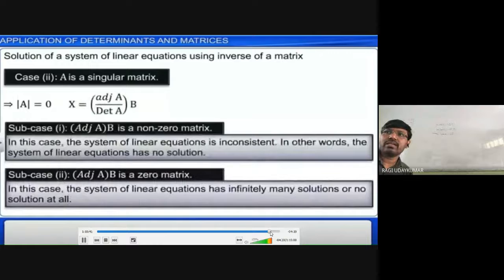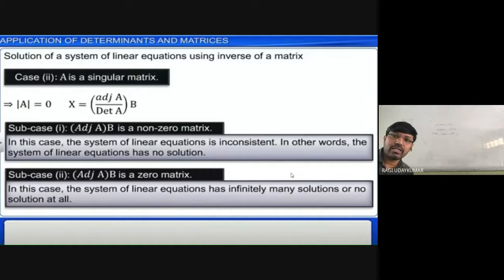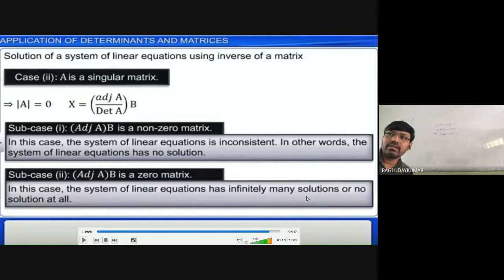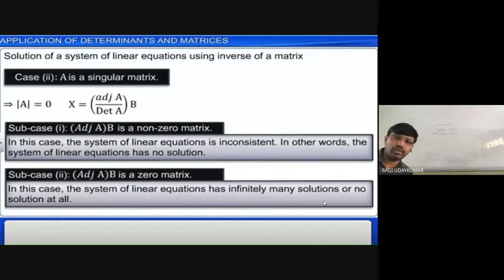So the next thing is, if the adjoint of A into B is a zero matrix, then there are infinitely many solutions, and in this situation it is consistent, with infinitely many solutions. So see, determinant of A equal to 0 does not directly mean inconsistent.